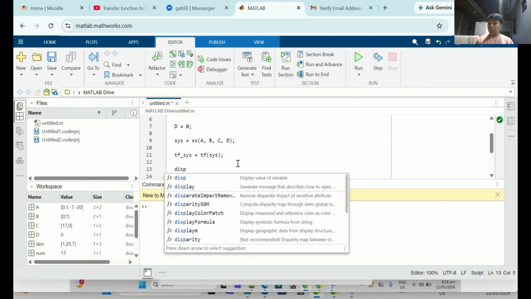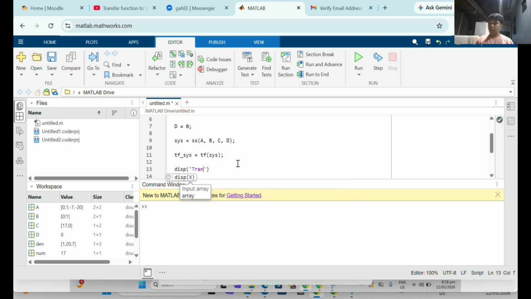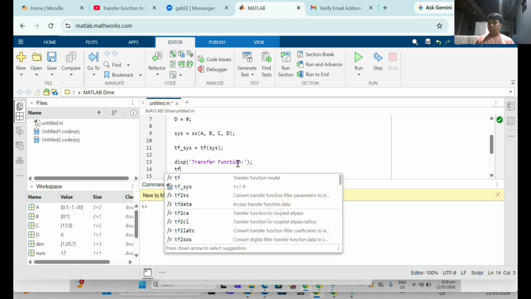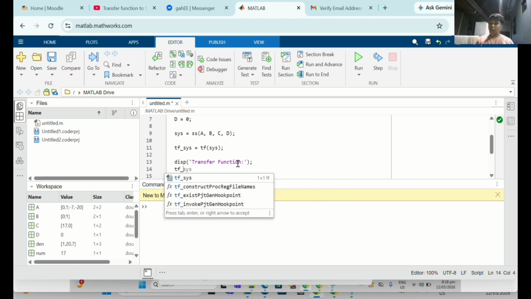Then disp, short for display, parenthesis, transfer function colon, then semicolon, tf_sys.